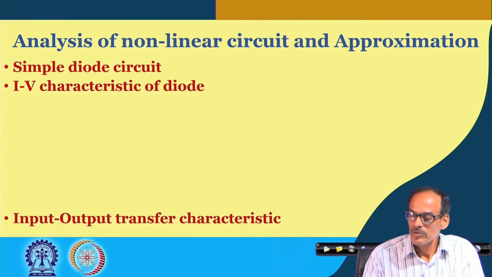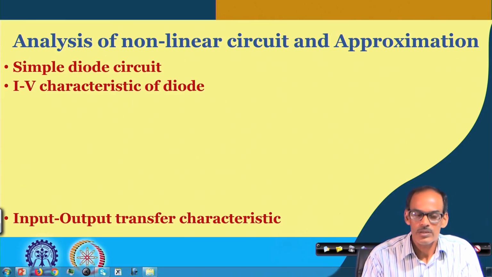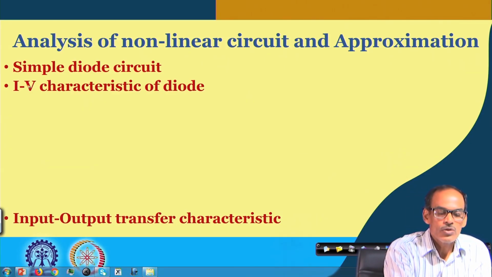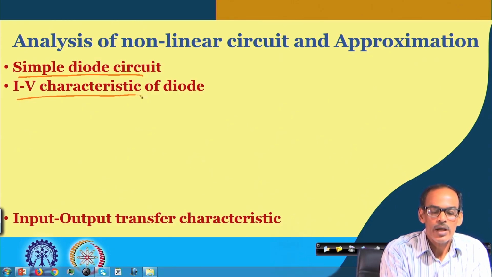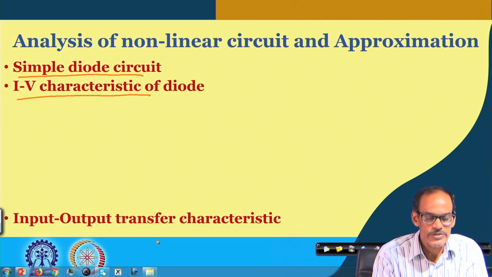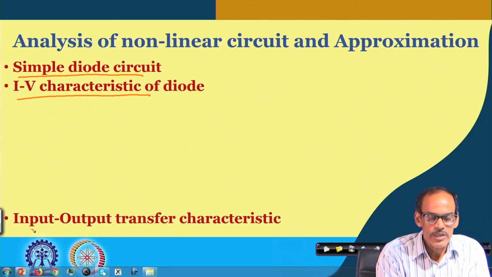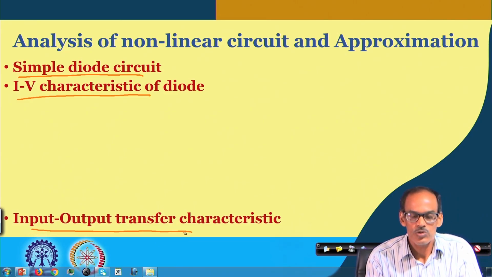Now, we will be moving to another topic, the nonlinear circuit and its corresponding approximation. We may start with a simple diode circuit and the corresponding IV characteristic, and then we can see what may be the input to output transfer characteristic.